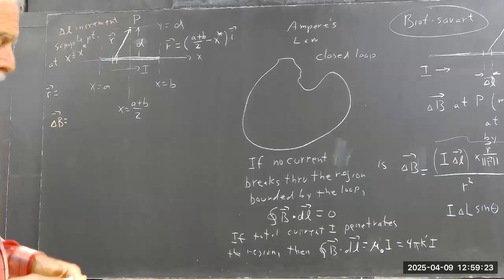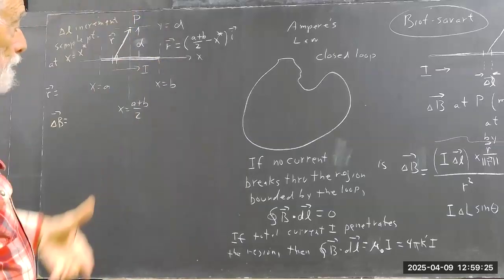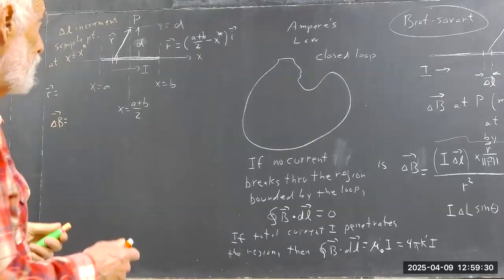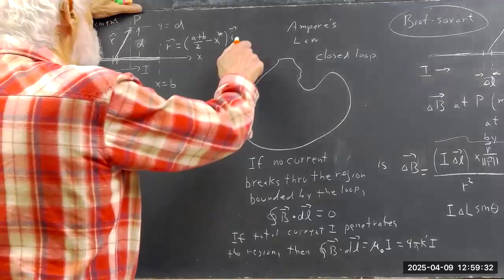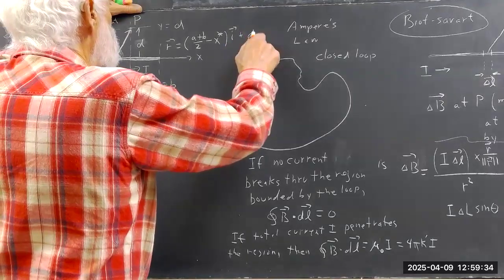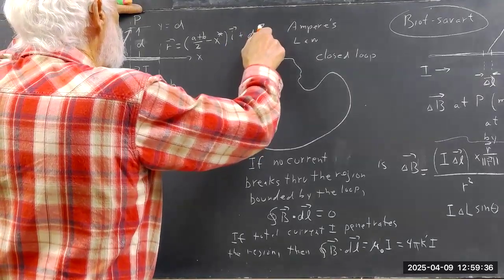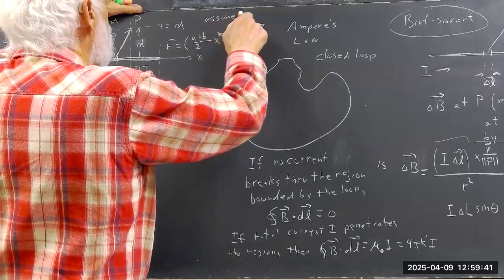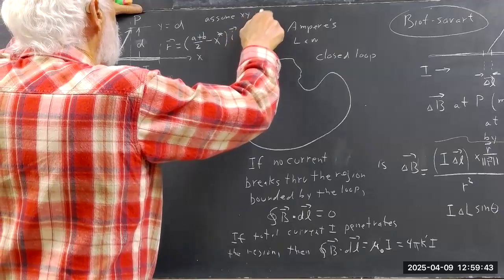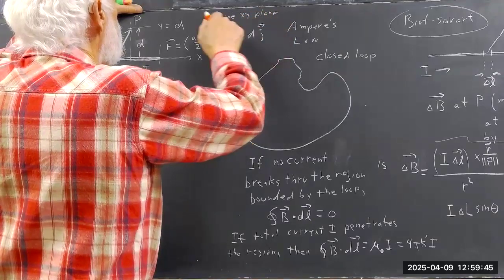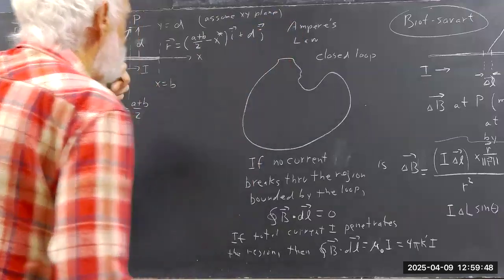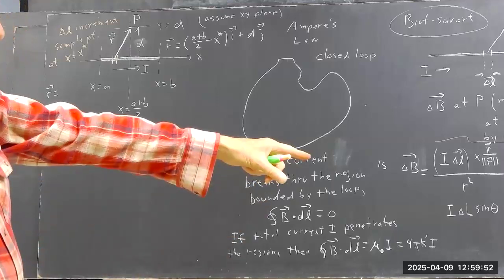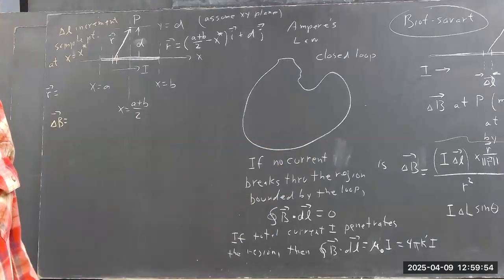Let's just assume this is the xy plane. There's your R vector. So now you can write out delta B.